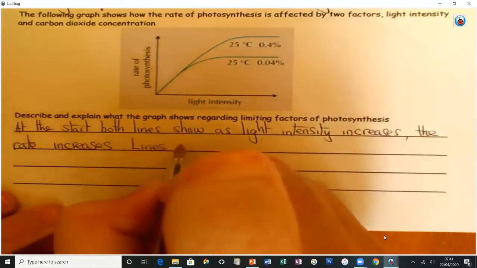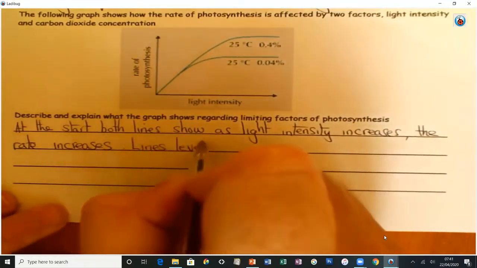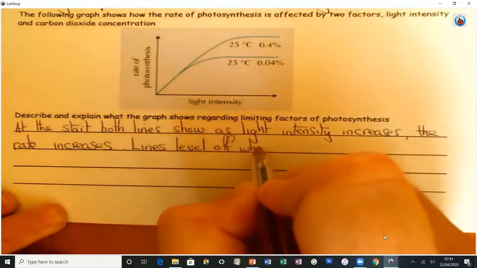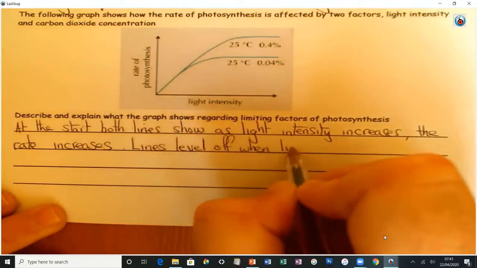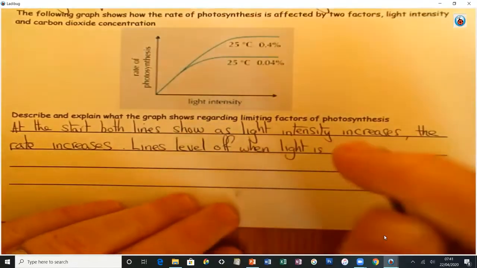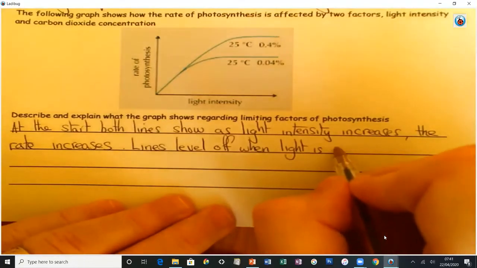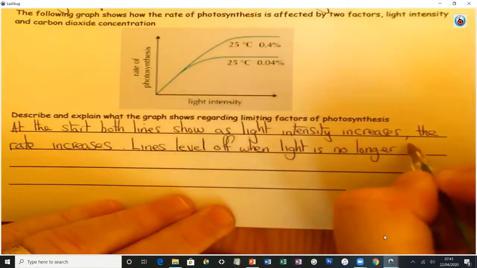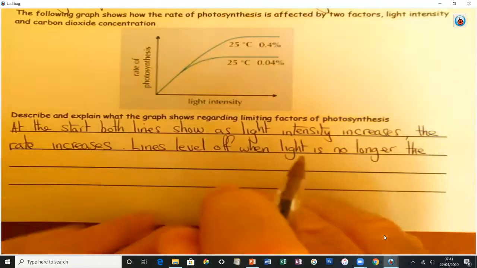Lines level off when light is no longer the limiting factor.